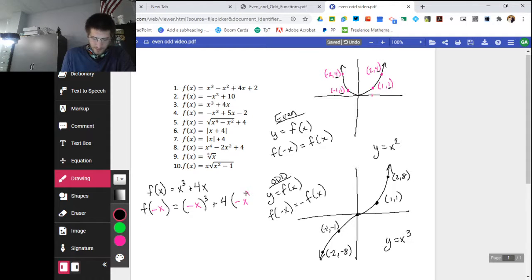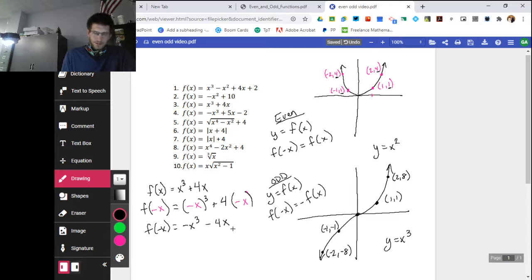If you have multiple x values in the original, you switch all of them out for the negative x. And then you start to think, if I have negative x to the third, a negative number to a third power, negative times negative times negative is a negative, so negative x to the third is indeed a negative x to the third. And then 4 times negative x is negative 4x.